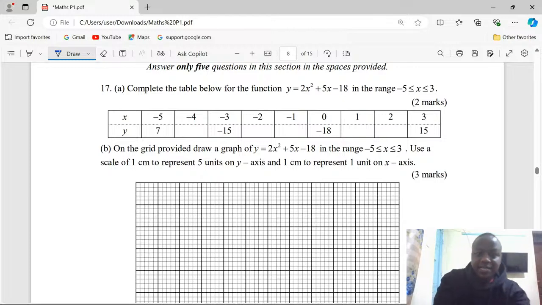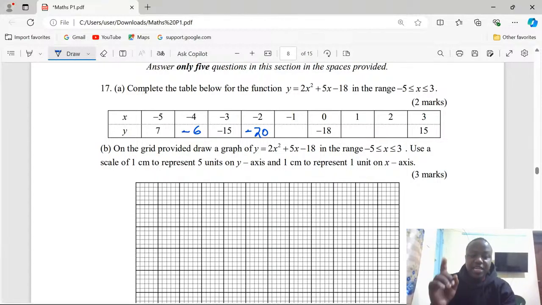This is giving us exactly -6. So we have a -6 at that point. The next is -2 because -3 has already been filled. So 2 into -2 squared plus 5 into -2 minus 18. You're just using your calculator to substitute. This is giving us -20.